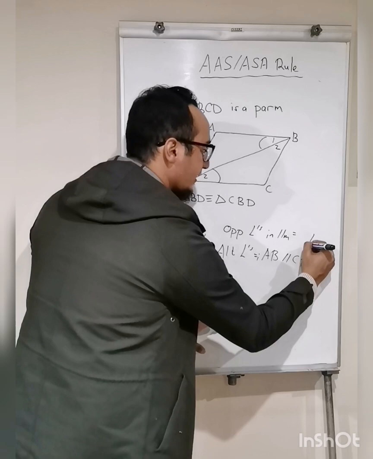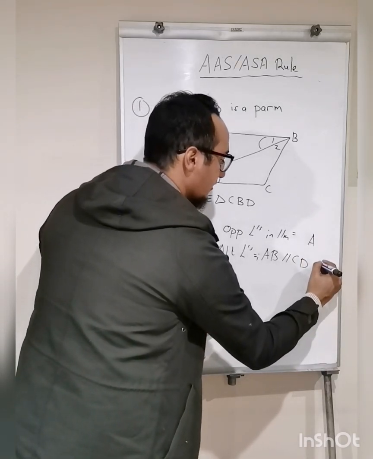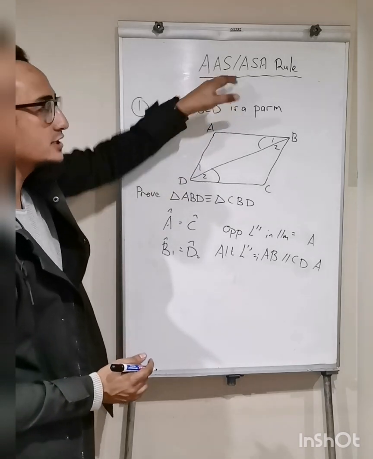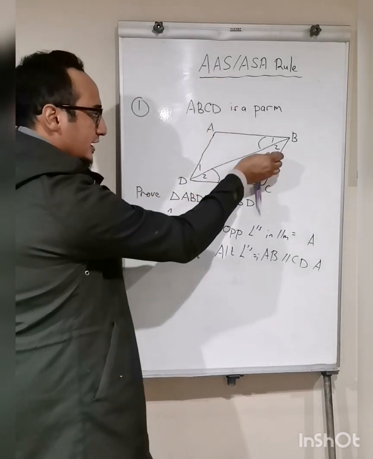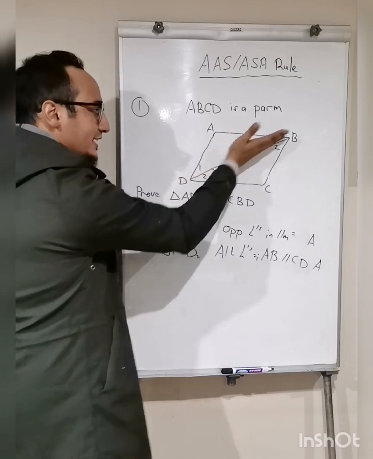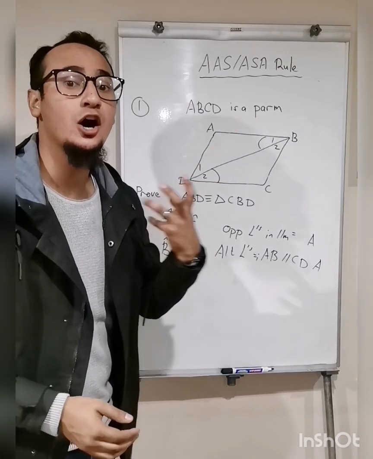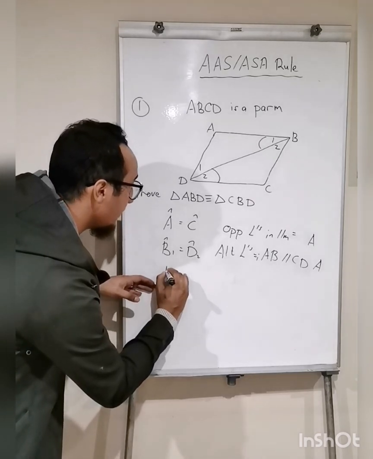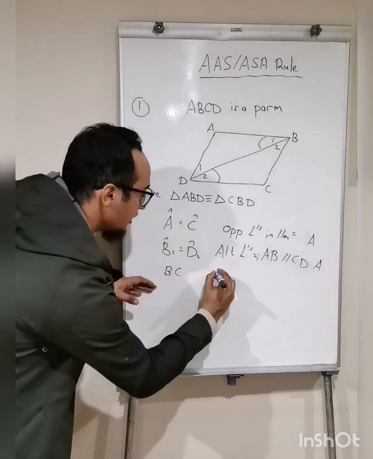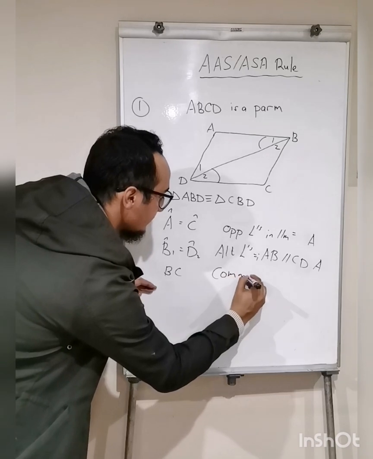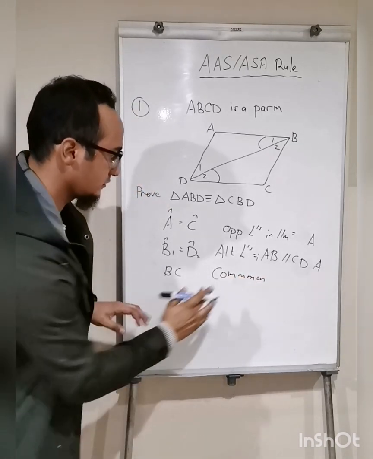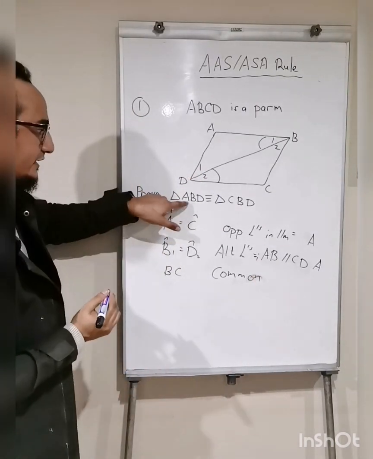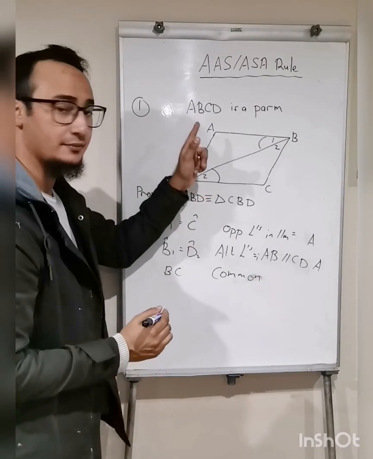Right, so I have an angle, I have an angle. Now I'm looking for something else. I found two angles. Let's look for a side. This line over here, BD, is known as what? It's known as a common line. So that could be a side. BD is common. So therefore I can say yes, it is congruent because of the postulate.